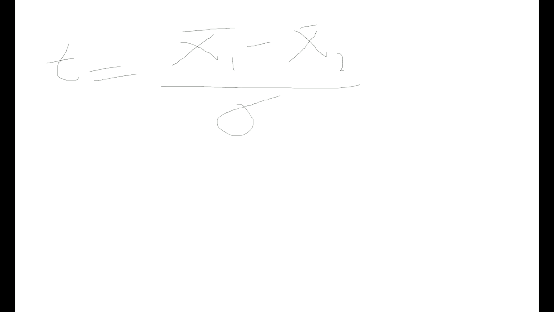The standard error is computed like this for samples that have an equal number of members, equal number of observations, with n being n1 plus n2, the total number of observations of group 1 and group 2. The numerator here is the mean difference and the denominator is the standard error.